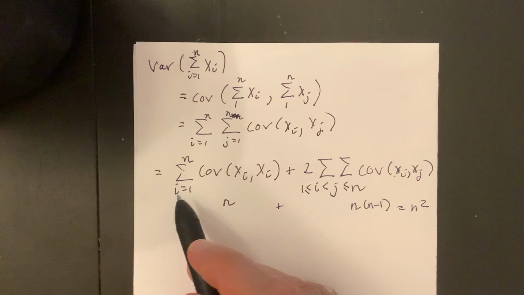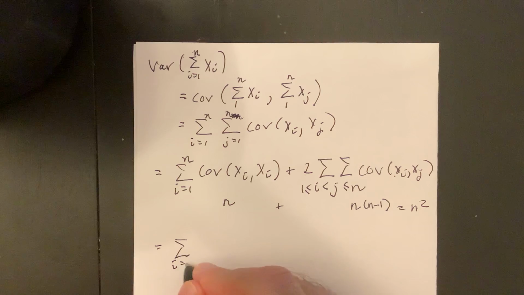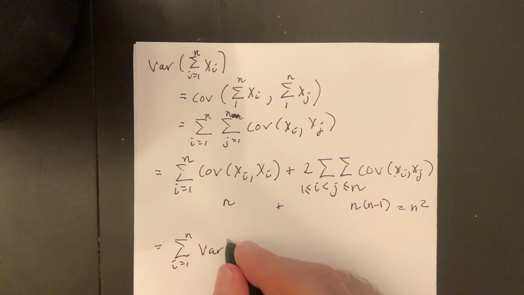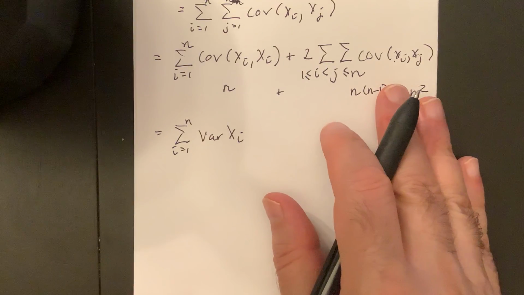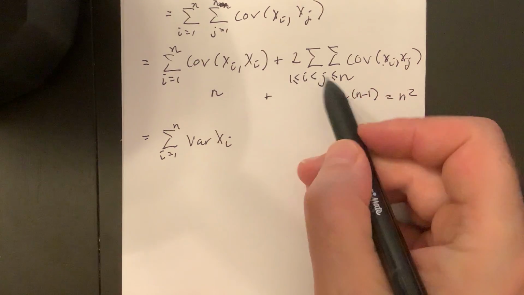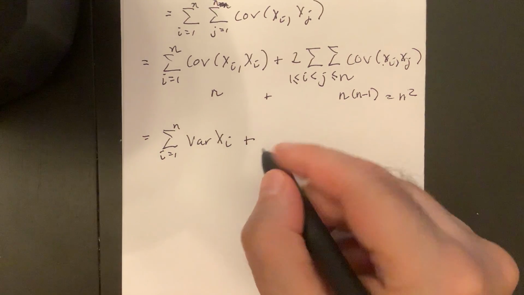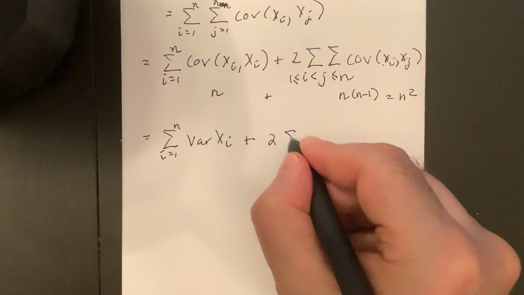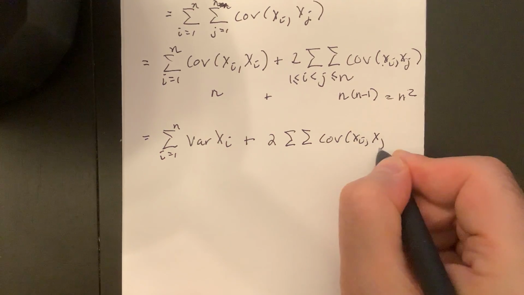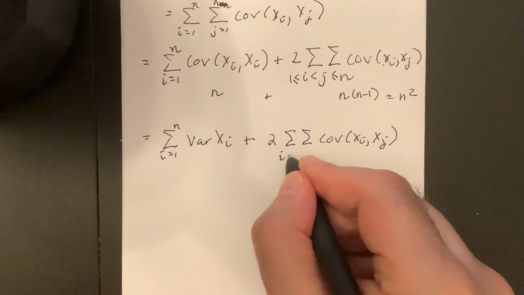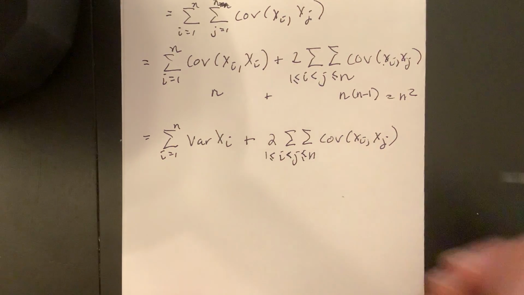All right, but anyway, the first one is just the sum from i equals 1 to n of covariance of xi with itself, which is also known as the variance of xi. Now here, though, this is independence. So if they're independent, it's 0. So I have plus this extra term, 2 times the sum.